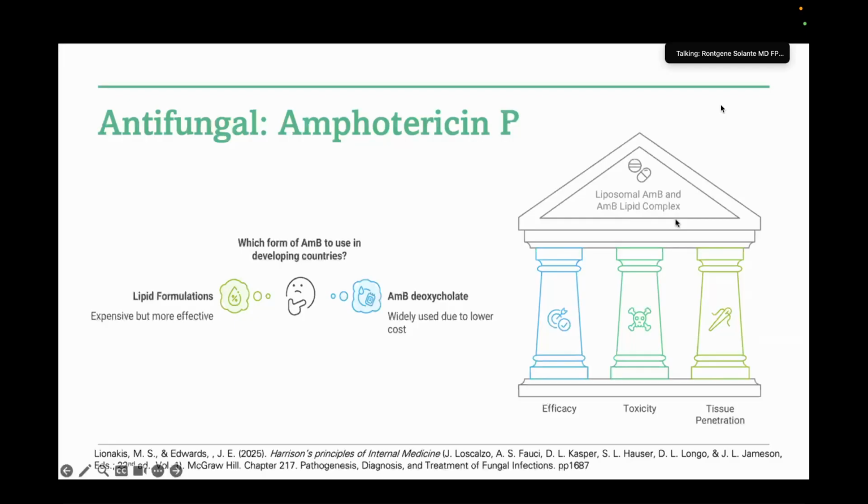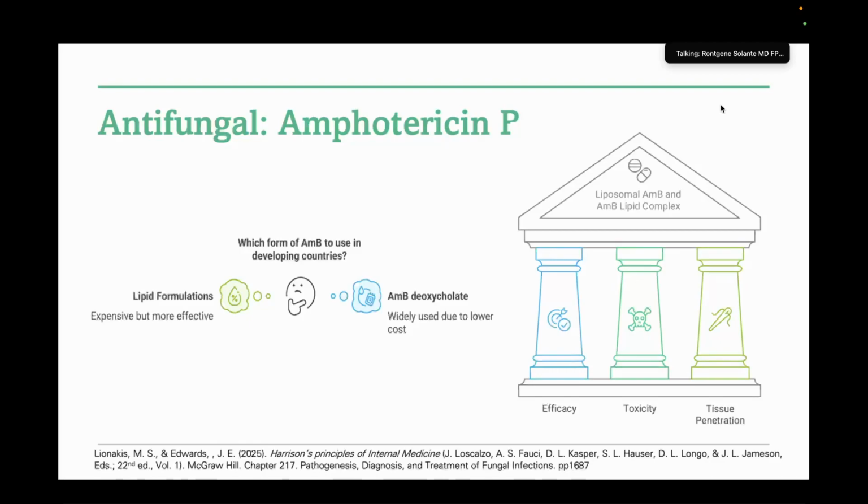I repeat, there are two lipid formulations and one original formulation, which we usually use in developing countries like the Philippines because of its lower cost, even at the expense of higher toxicity. But when you use the lipid formulation, it is expensive but more effective, toxicity is very low, and tissue penetration is very good, highly effective. So these are the liposomal ampho B and amphotericin B lipid complex.